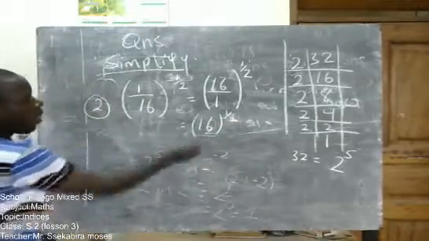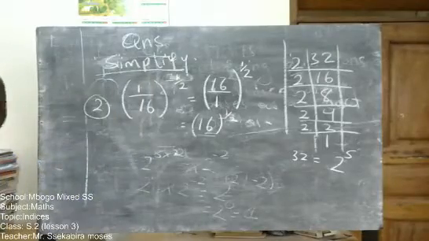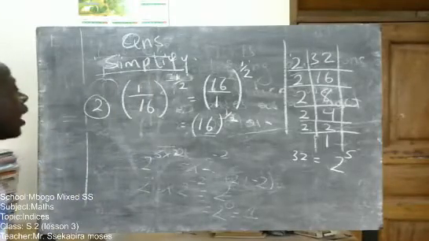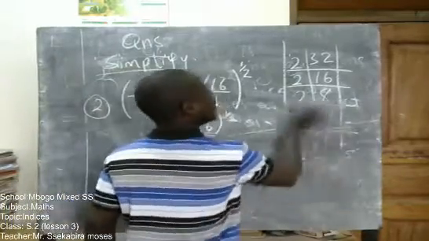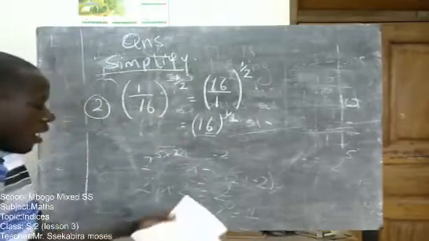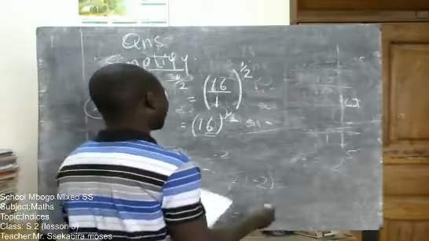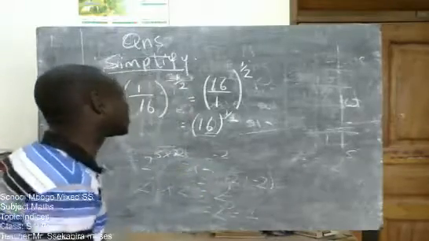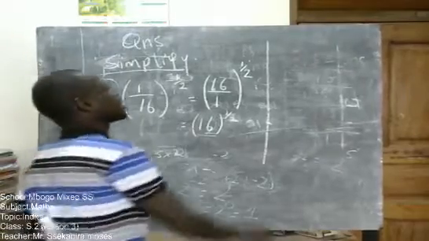Now look at our base. Our base is 16, which is not a prime number. Therefore, you express 16 as a product of prime factors. You can go aside and prime factorize 16.